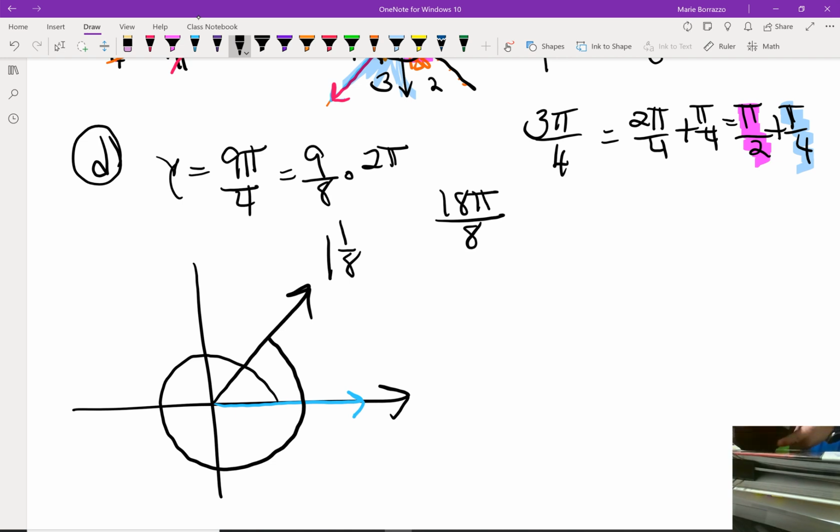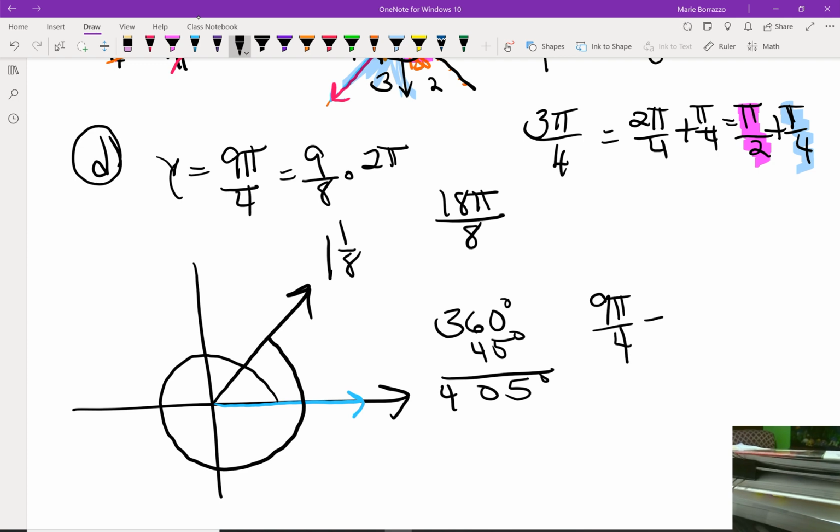So in essence, it's 360 degrees plus 45 degrees. If you add these up, you get 405 degrees, which is what the equivalent of this angle is. By method 2, you would have taken 9 pi over 4, which is equivalent to 2 pi plus the pi over 4.